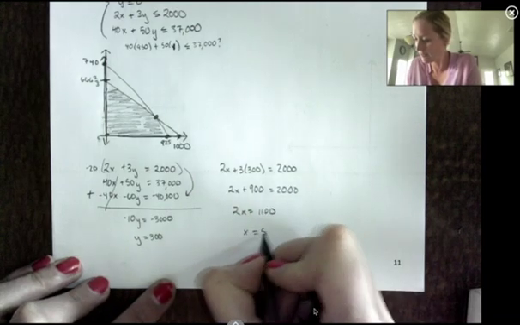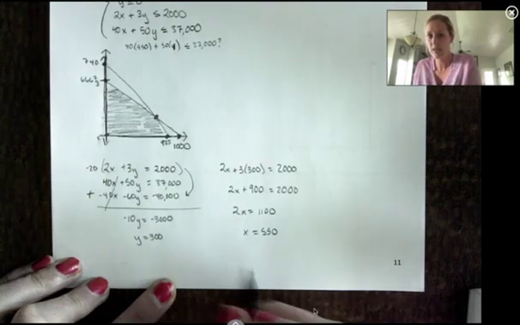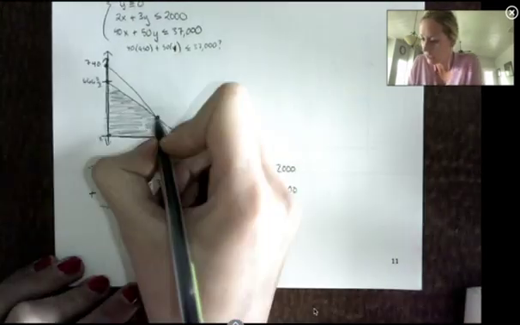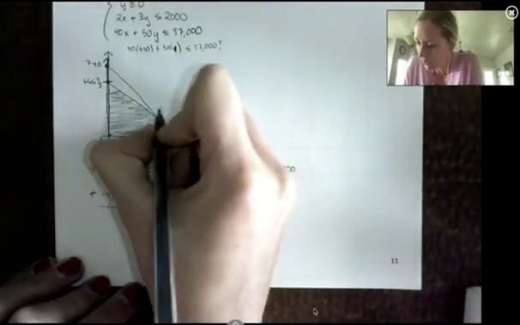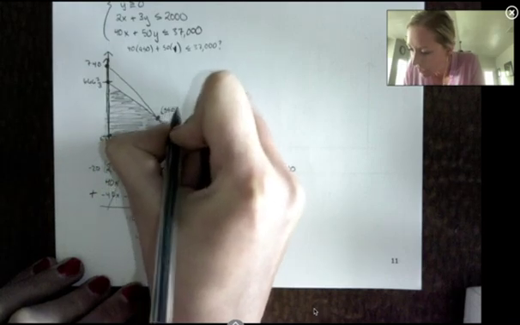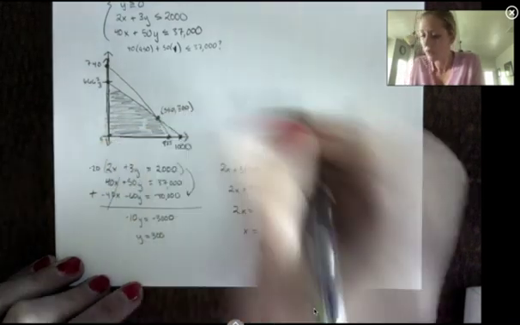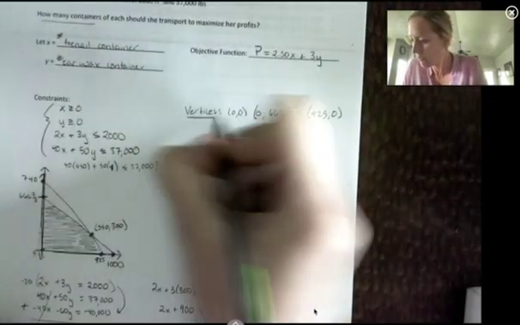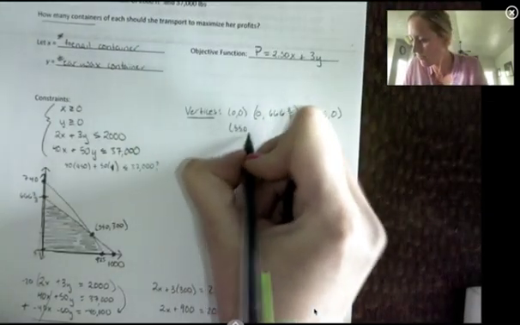So x is 550. So that last vertex right there is 550, 300. So that is my other vertex here, 550, 300.